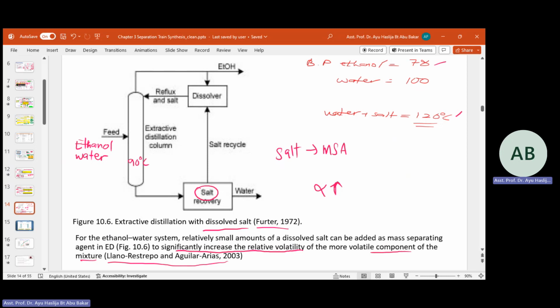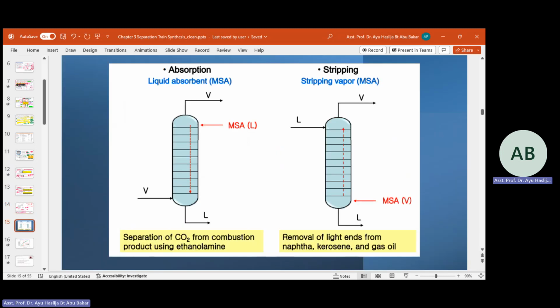Okay, I move to another example, which is absorption and stripping. Absorption over here is to separate the CO2 from combustion products in vapor phase, gas phase. So here you have CO2.